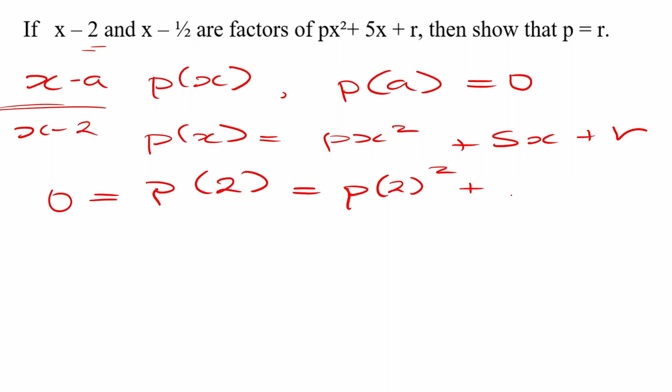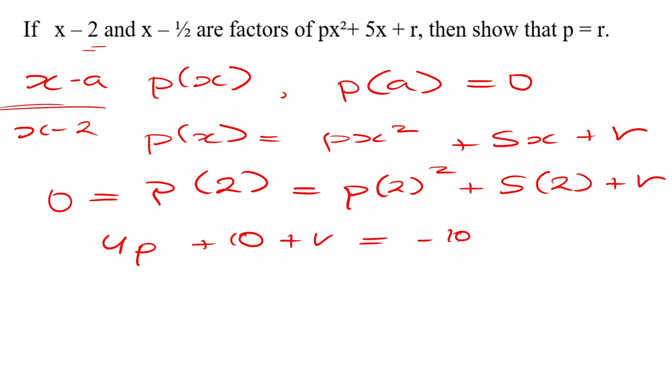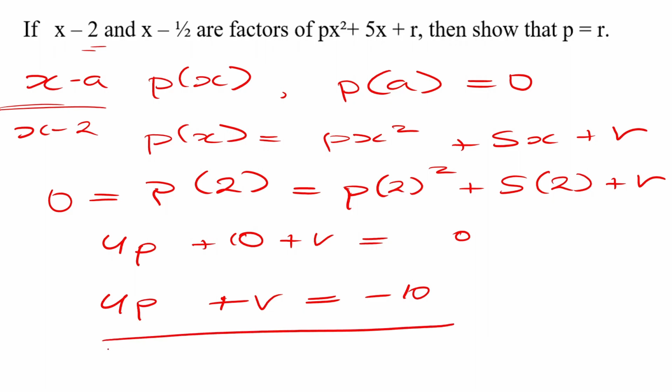So 4p plus 10 plus r is equal to 0. And we've gotten the value. Now to make things a tad bit easier, 4p plus r is equal to minus 10. First equation.